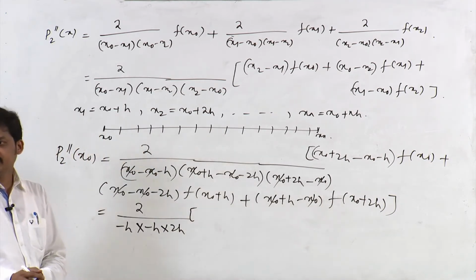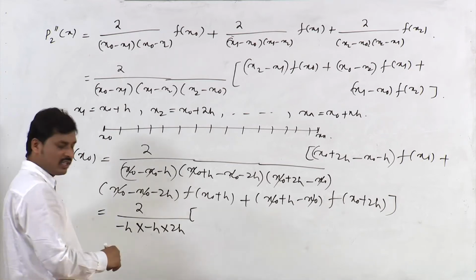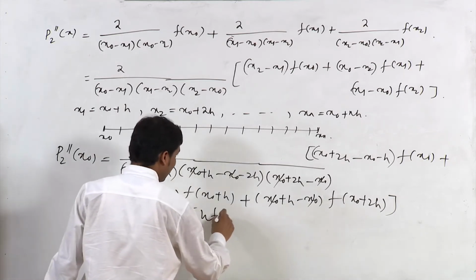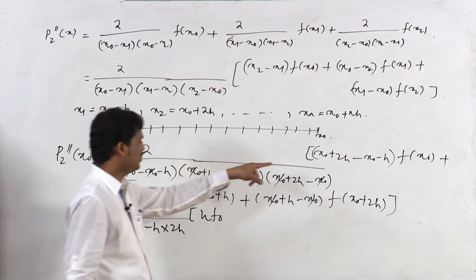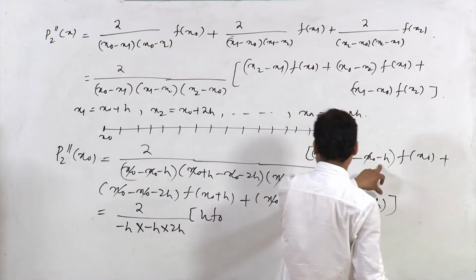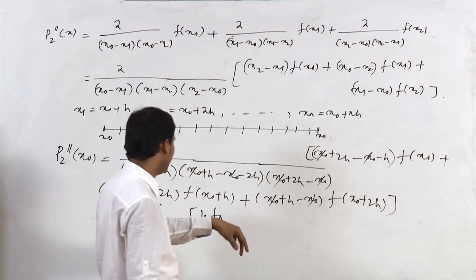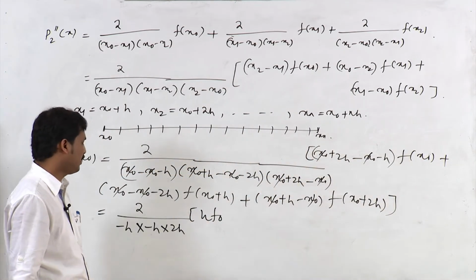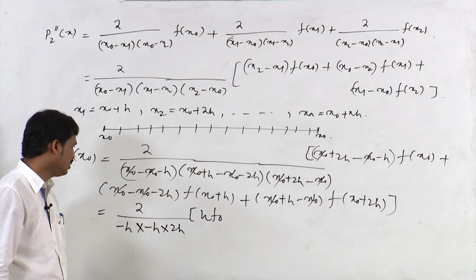And inside these functions, the first one gives you h f0, since x0 cancels out, so 2h minus h gives you h here. So h into f of x0, that is nothing but h f0.